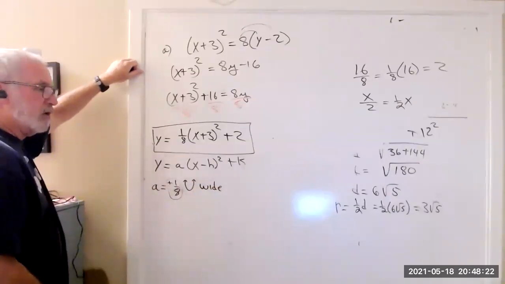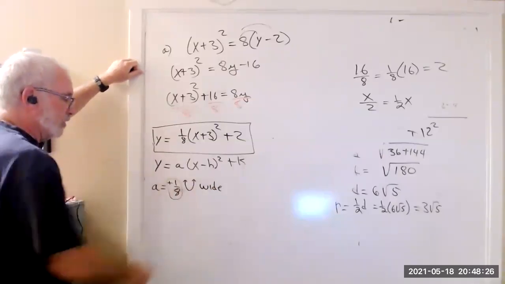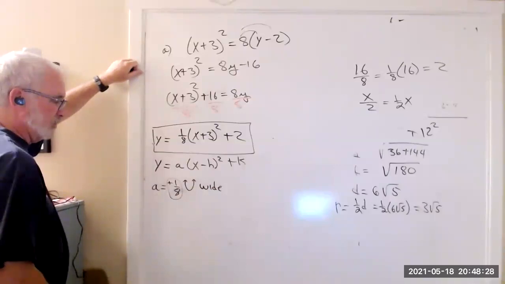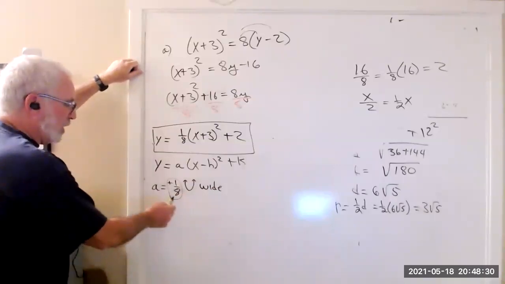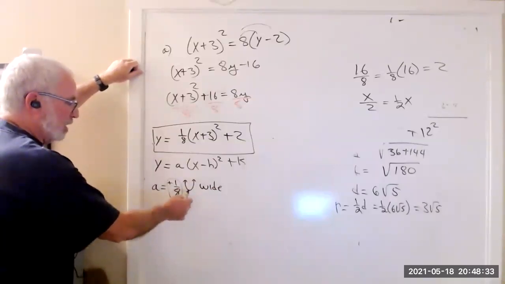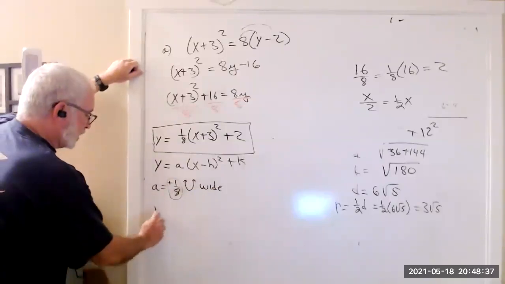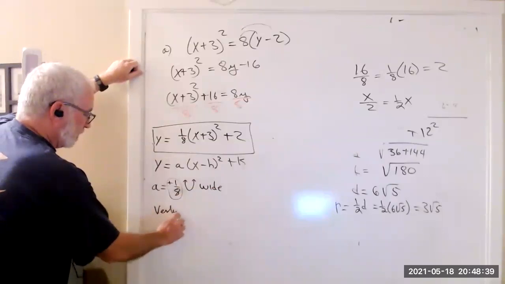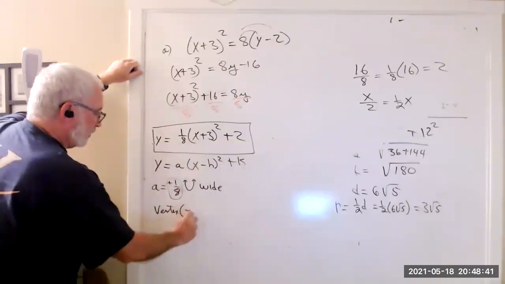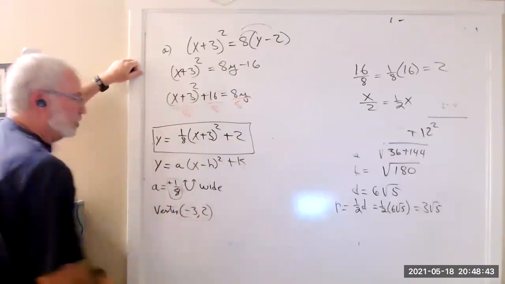When your a value is a proper fraction, the smaller and smaller it gets, the wider the parabola is. So the 1/8 tells me up and very wide. My vertex is (-3, 2).